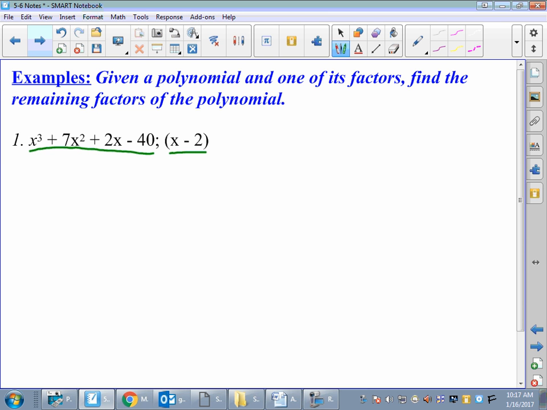So remember, when you write these things in factored form, we're trying to figure out what was this before it became x cubed plus 7x squared plus 2x minus 40. They're telling us x minus 2 goes into it. So x minus 2 could be multiplied by x squared and something else, or maybe x minus 2 is multiplied by another quantity of x and another quantity of x.